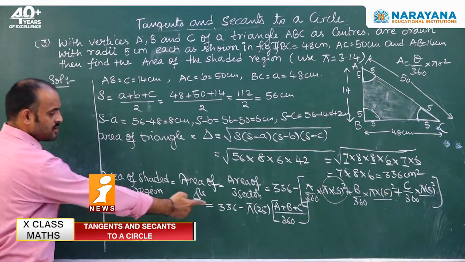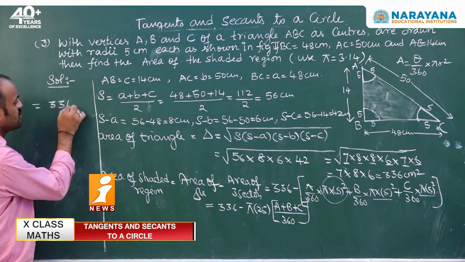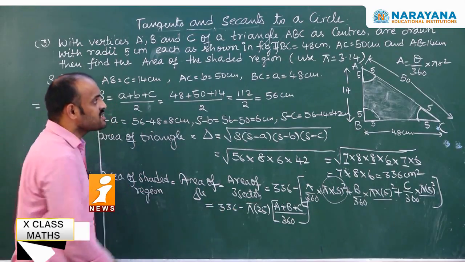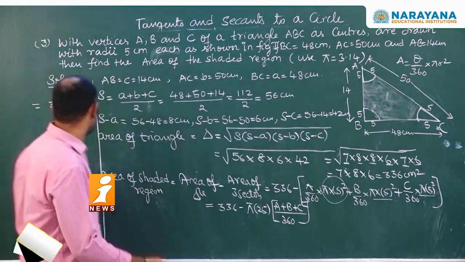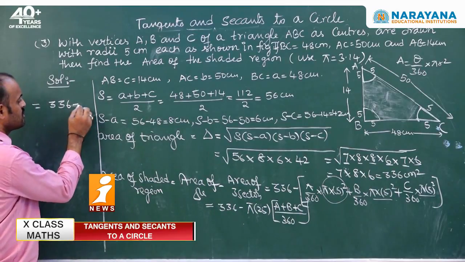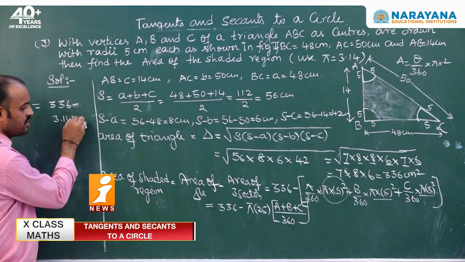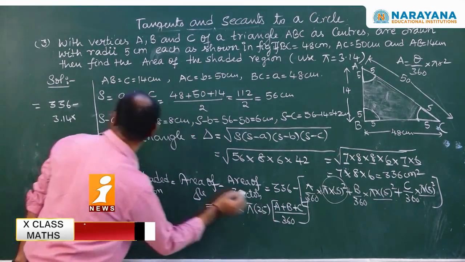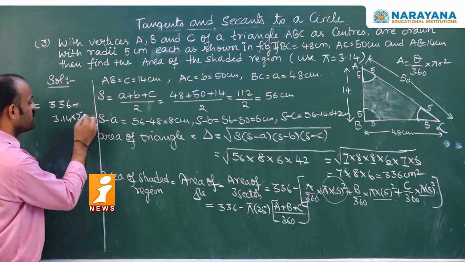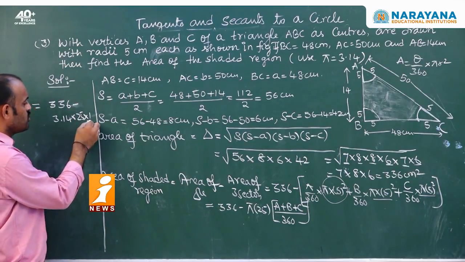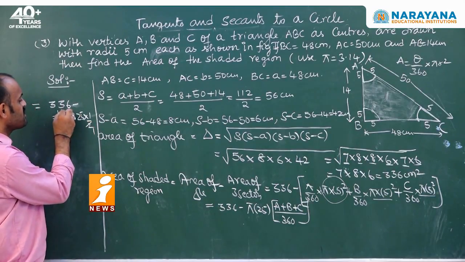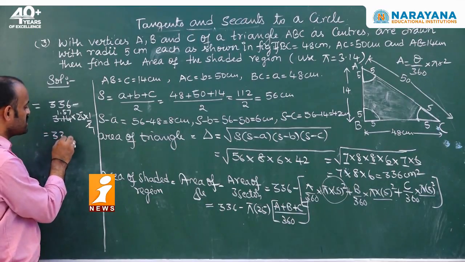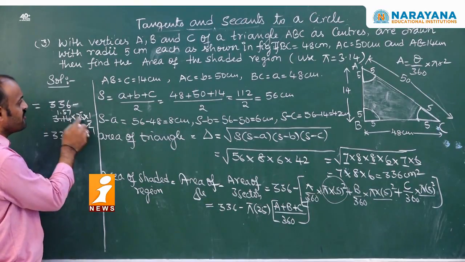336 minus pi, which he has given as 3.14, into 25, into 1 by 2. Half of 3.14 is 1.57. Therefore 336 minus 1.57 into 25.